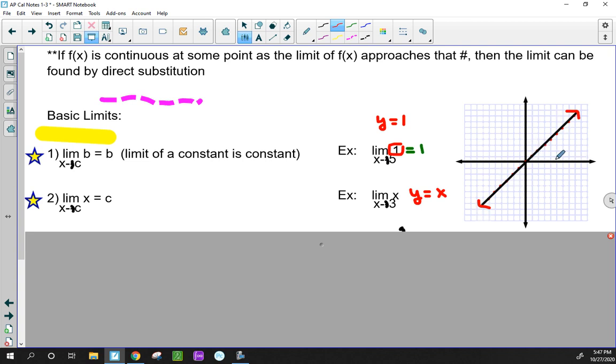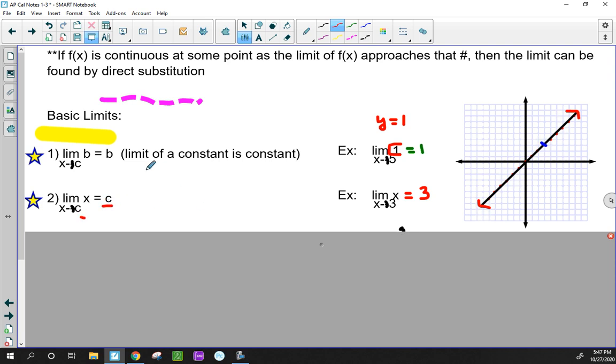When I come in from the right, the y's are decreasing, but they're all going towards this, and that will be the answer. The y value there is 3. So the limit of x as x approaches 3 is 3.